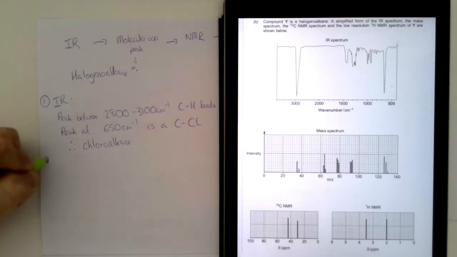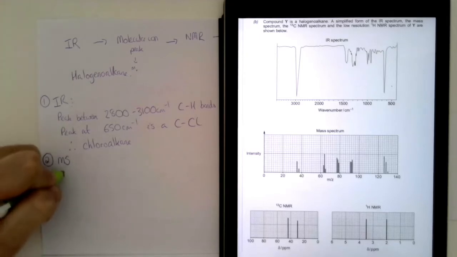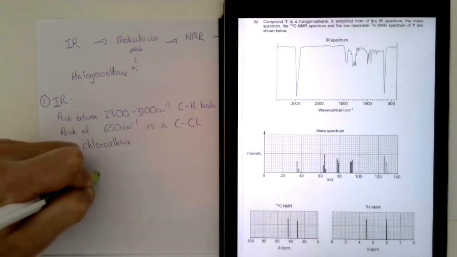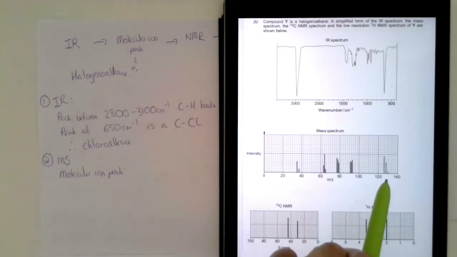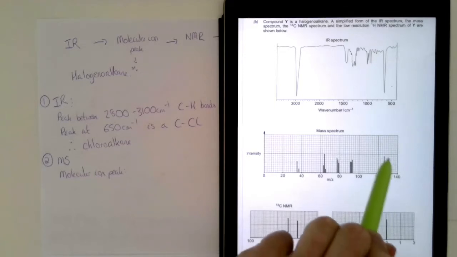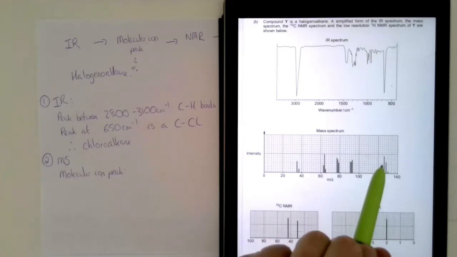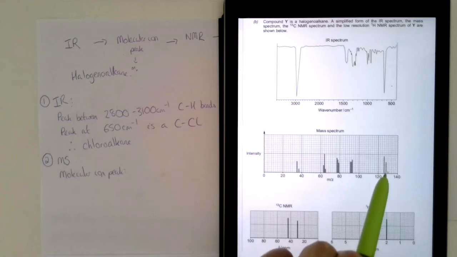I then look at the mass spectrum, and I would say the molecular ion peak is, well, there's 3 of them in this case. That is going to be caused by isotopes, which you'll have learned about in Unit 1.